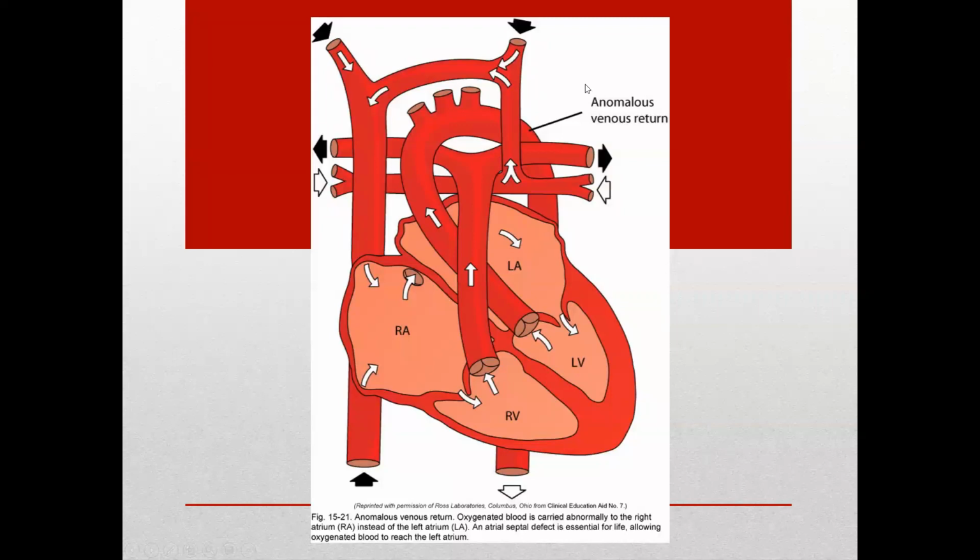I'm making it up because I really don't know. And now the oxygenated blood goes to the right atrium, and that's how it gets back to the rest of the body? Yes.